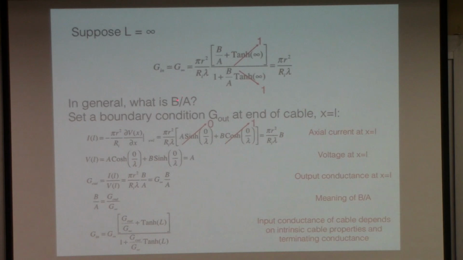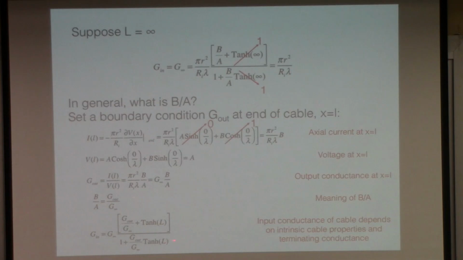So what does this mean? It means that we can go back to this equation, and we know the input conductance of this finite length cable. We can just go in and replace B over A with this, and this is what we get. So the input conductance of a finite length cable is determined by three parameters.